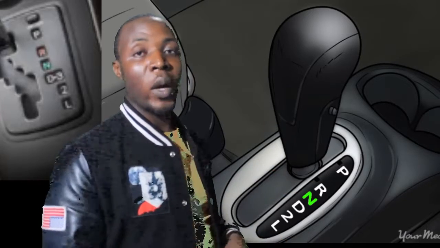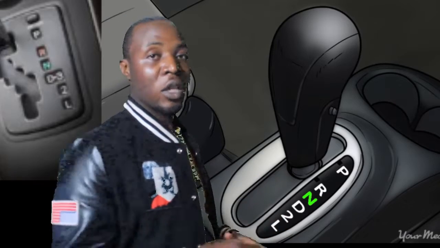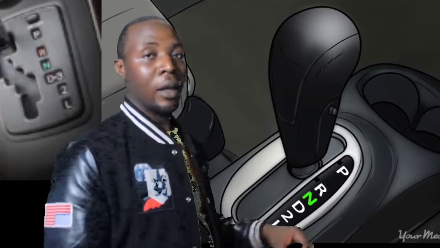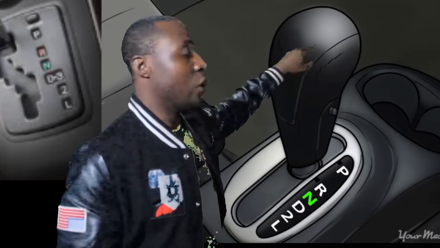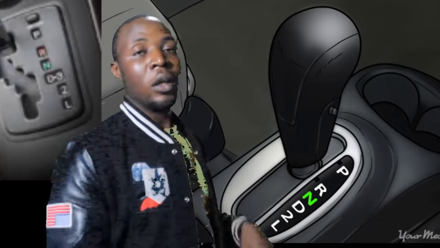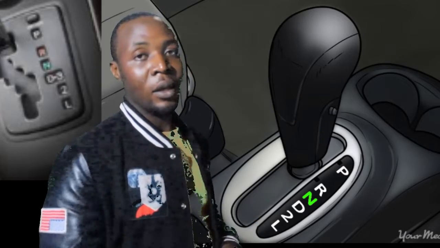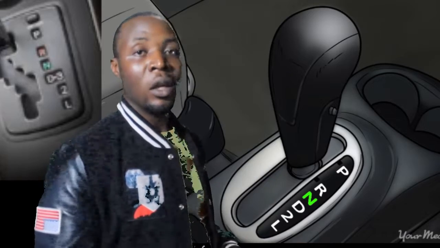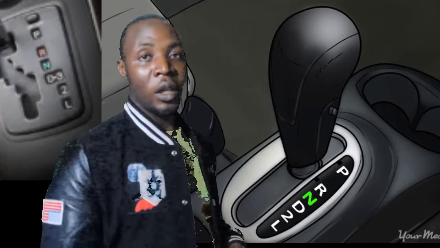Then we have another letter, which is letter L. When you see letter L, it is for when you are descending. When you are going down the hill, you just have to take the selector and go down to L, then you are descending. In a manual car, when you are descending, you have to put your vehicle in gear 2.